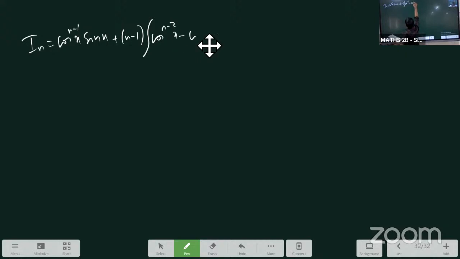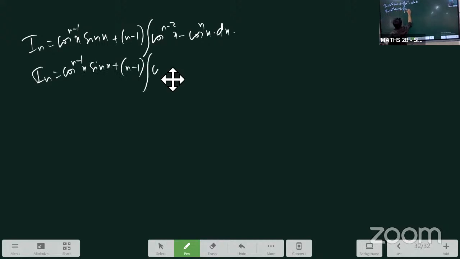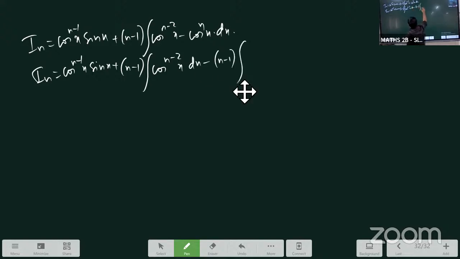When bases are equal, add powers, 2 gets cancelled. What do I get? Now I n is equal to cos to the power n minus 1 x sin x plus n minus 1, integration of cos to the power n minus 2 x dx, minus, separate your integration, plus c will be there, right? Minus integration of cos to the power n x dx plus c.